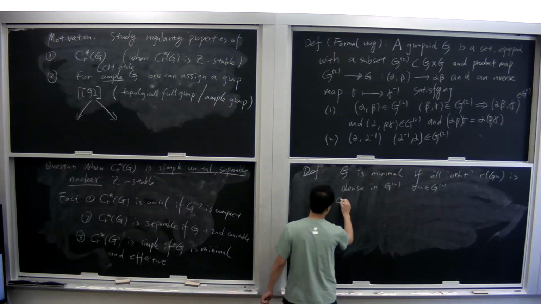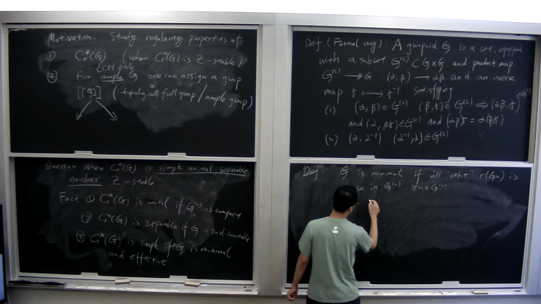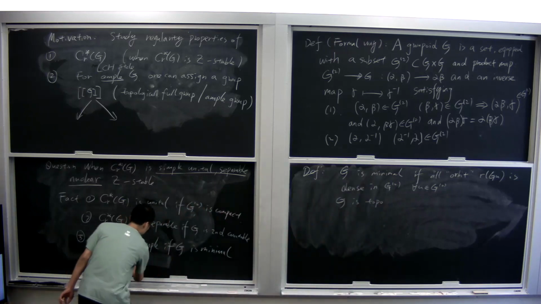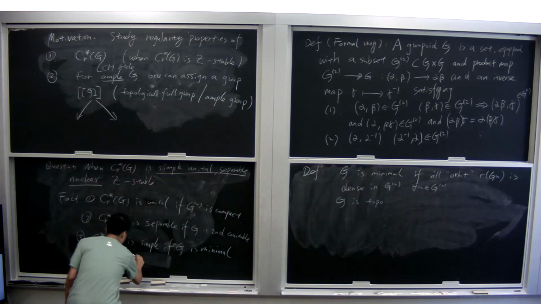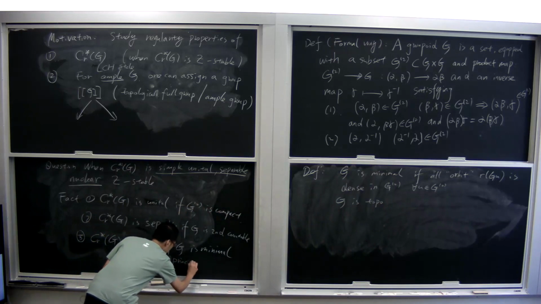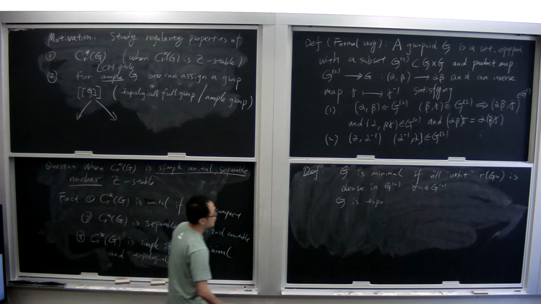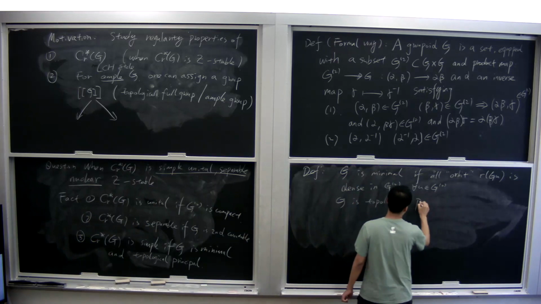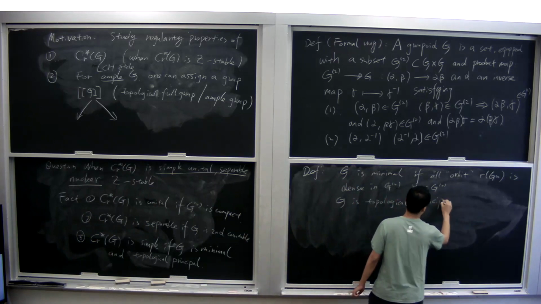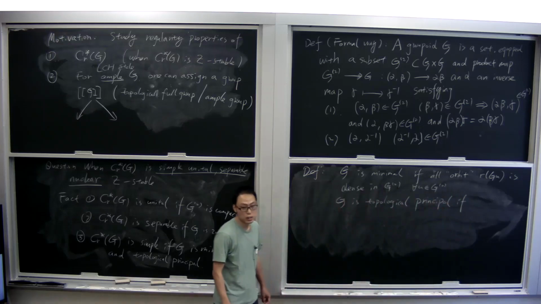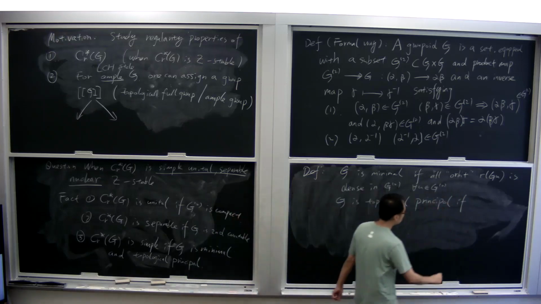And G is effective, or topologically principal, maybe, because we do not always assume that it is second countable, if the units with a trivial stabilizer are dense.